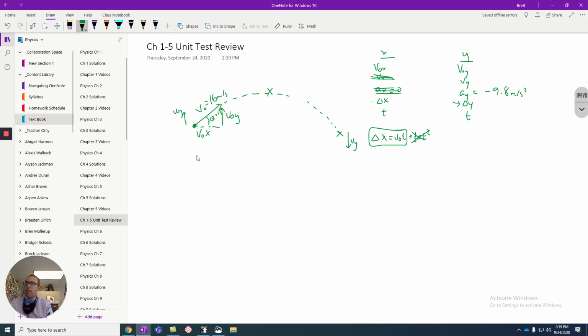Then v naught x would equal 16 times the cosine of 13, and v naught y would be 16 times the sine of 13. That's how we would calculate those two initial velocities, which we could then use over here in order to solve the kinematics.